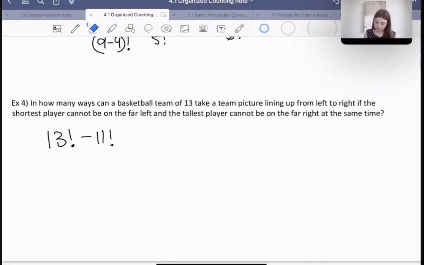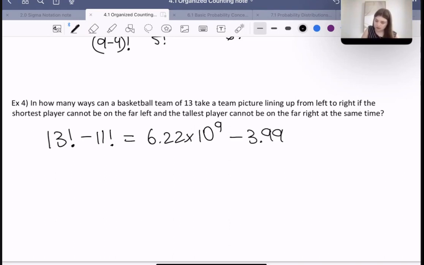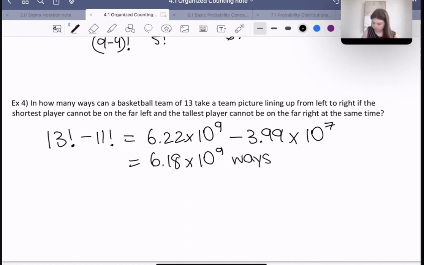Now this one, actually, I would accept this answer. You can just leave it as 13 factorial minus 11 factorial, or you could say this is the same as 6.22 times 10 to the power of 9 minus 3.99 times 10 to the power of 7, which means that there are 6.18 times 10 to the 9 ways that this could occur.